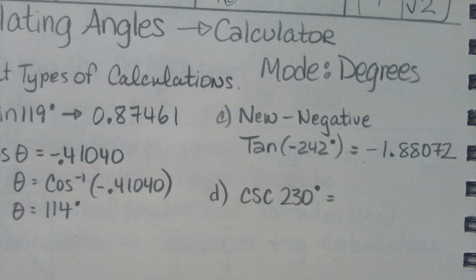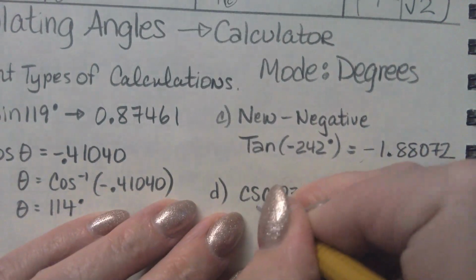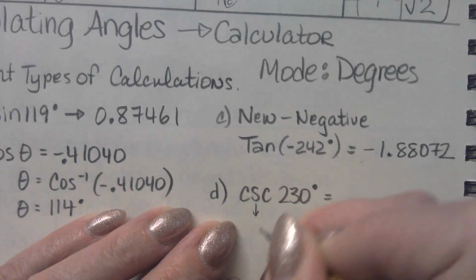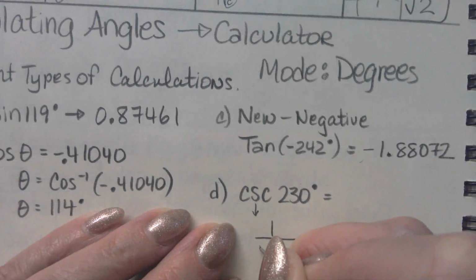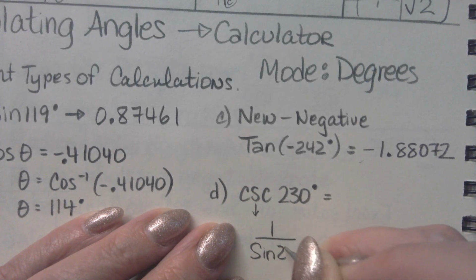Because our calculator does reciprocal, what is its reciprocal one? Sine. Since it's a reciprocal one, cosecant is the same thing as 1 over sine 230 degrees.